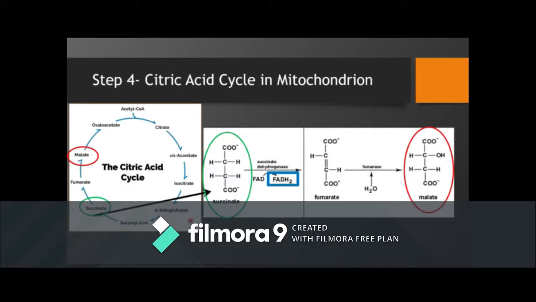To begin from succinate to fumarate, it goes through dehydrogenation with FAD, which is again just taking away 2 hydrogen atoms from succinate. It then becomes fumarate, and then fumarate adds water and becomes malate. This process makes up about 1 energy.